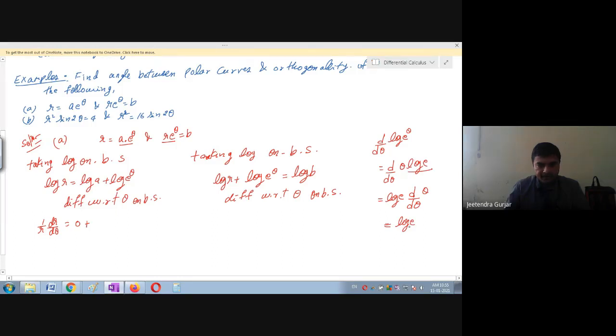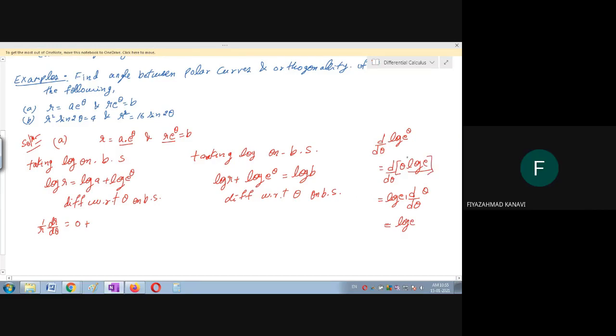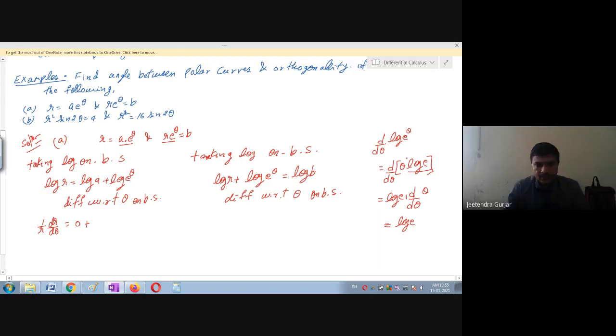Any doubt? Is it clear, students? Sir, can't we write theta log e? Theta log e only, but you are going to differentiate. Am I right? Theta log e is the correct one, but you are going to differentiate this. So I'm going to take out constant outside, like log e can be considered as constant.